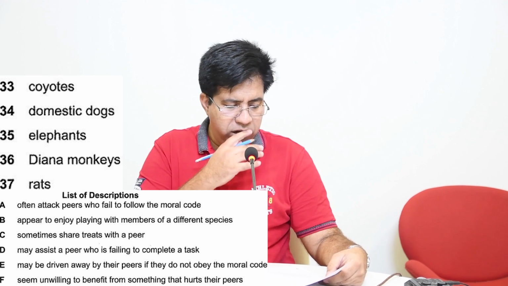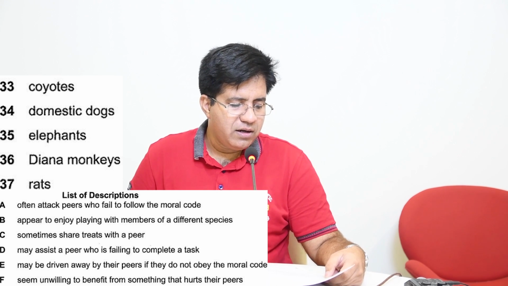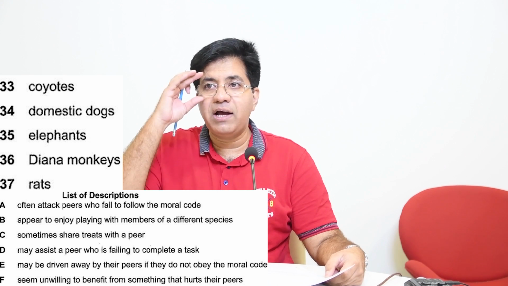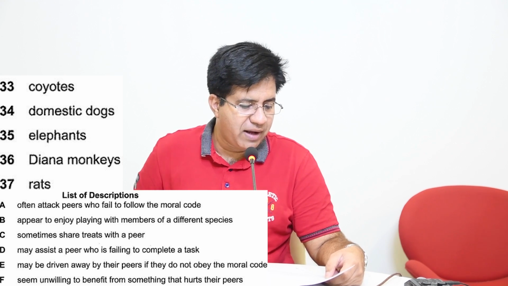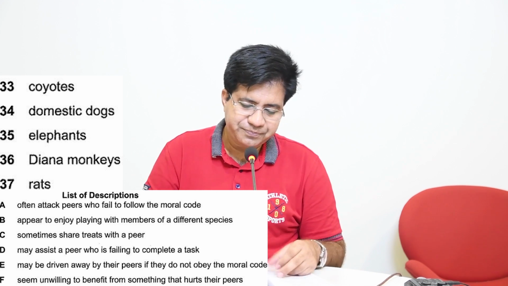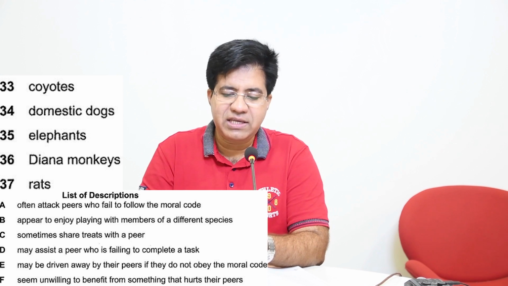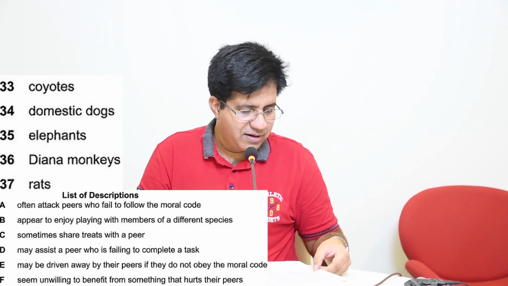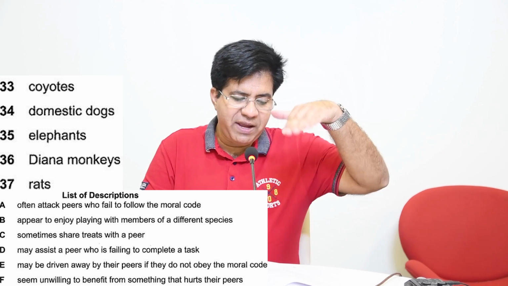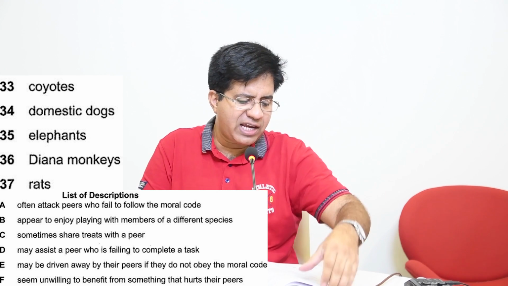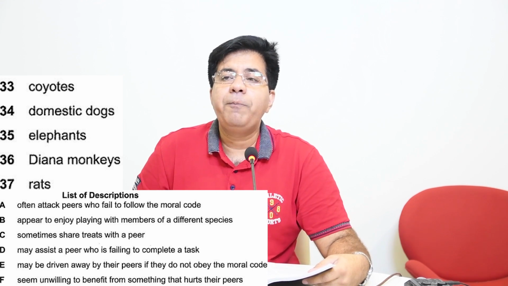All right. Next. Diana monkeys. It's a monkey, okay? It's just a monkey. Diana monkeys. Where do we have Diana monkeys? Yeah. Next page, second paragraph. A laboratory experiment. Found it? Now, please follow me.